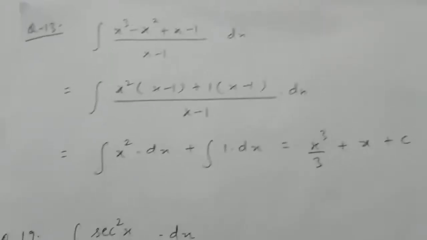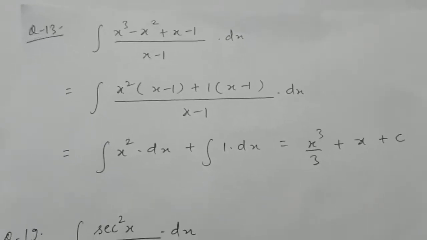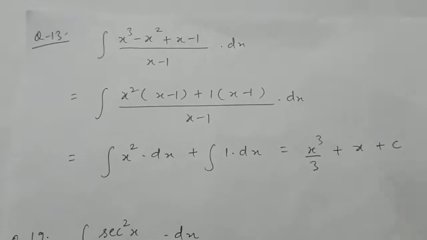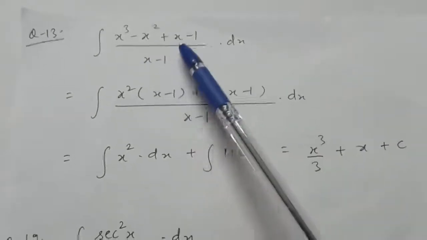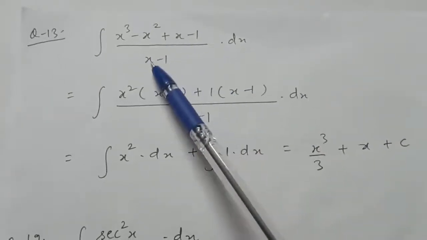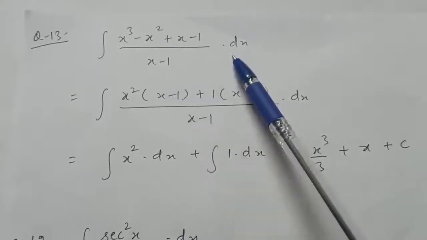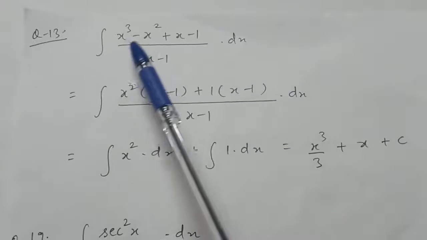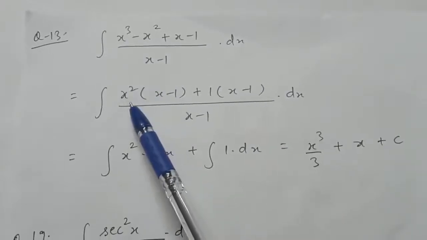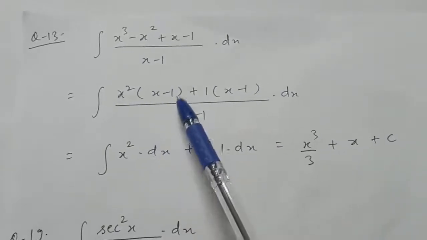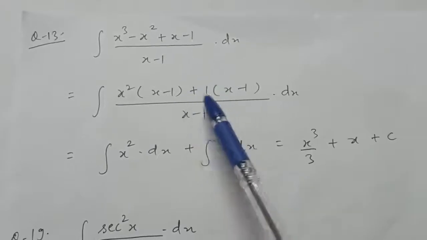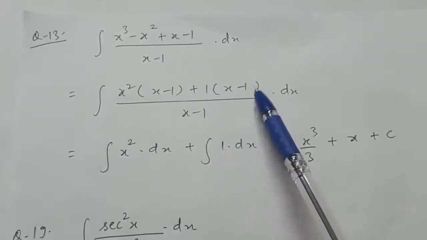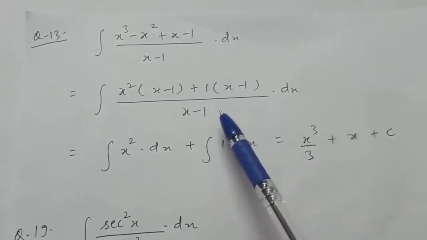Now next, question number 13: find the integral of x cube minus x square plus x minus 1 upon x minus 1 with respect to x. So see, from the first two terms we can take x square common. So you will get x minus 1. From the last two terms take 1 common. So you will get x minus 1 upon x minus 1.